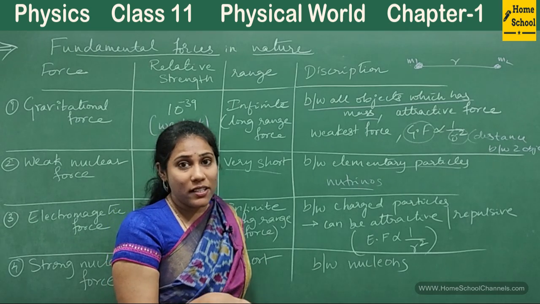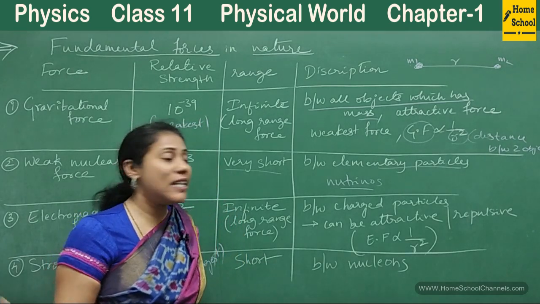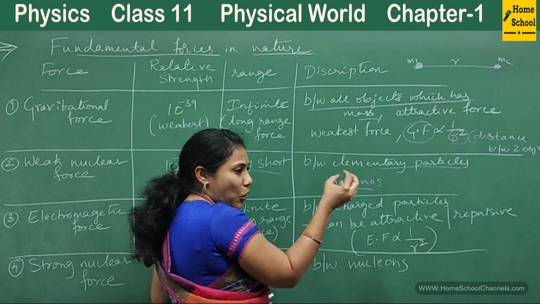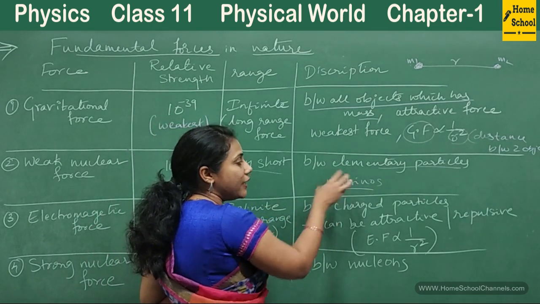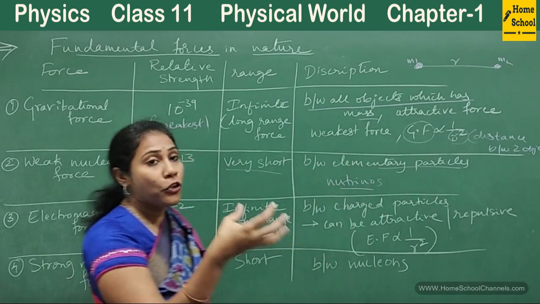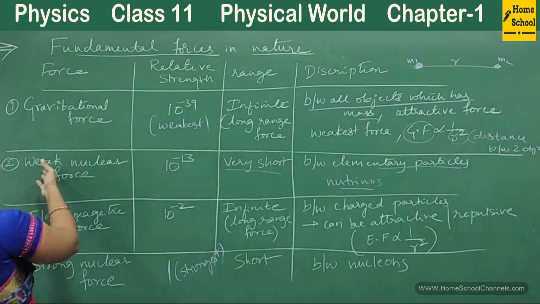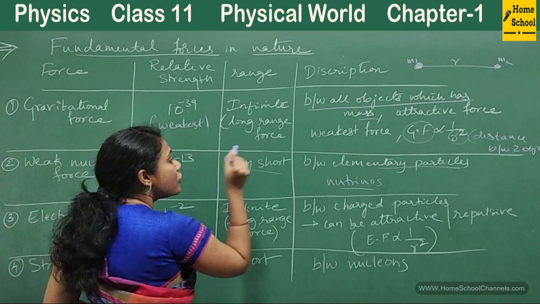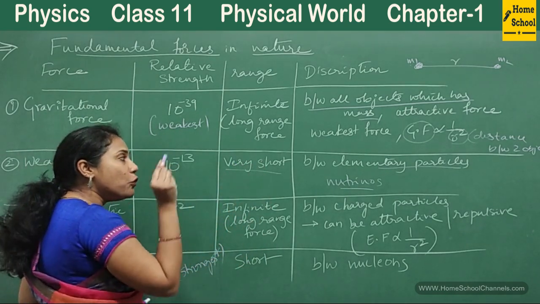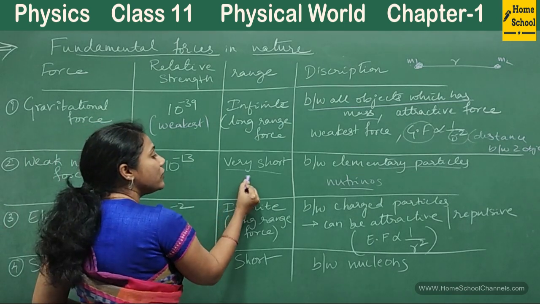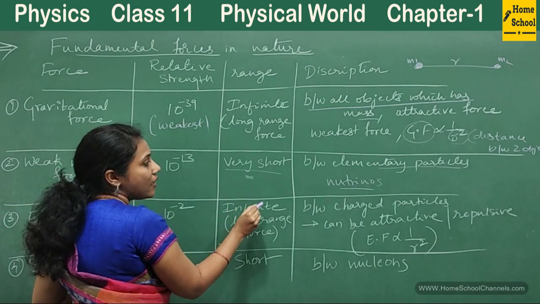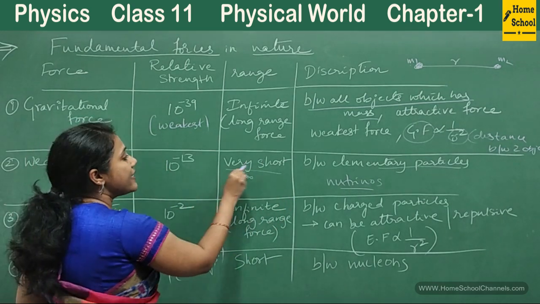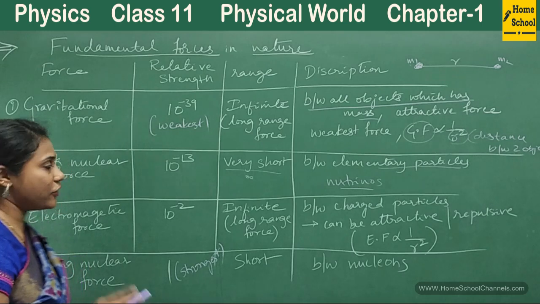Just like electrons and protons, you have something called neutrinos. Between these smallest particles, between an electron and a neutrino, there can be a force that we call weak nuclear force. This is a very short range force. If you want to observe this force, there must be a very small distance between the elementary particles. That's why we say it is very short range.